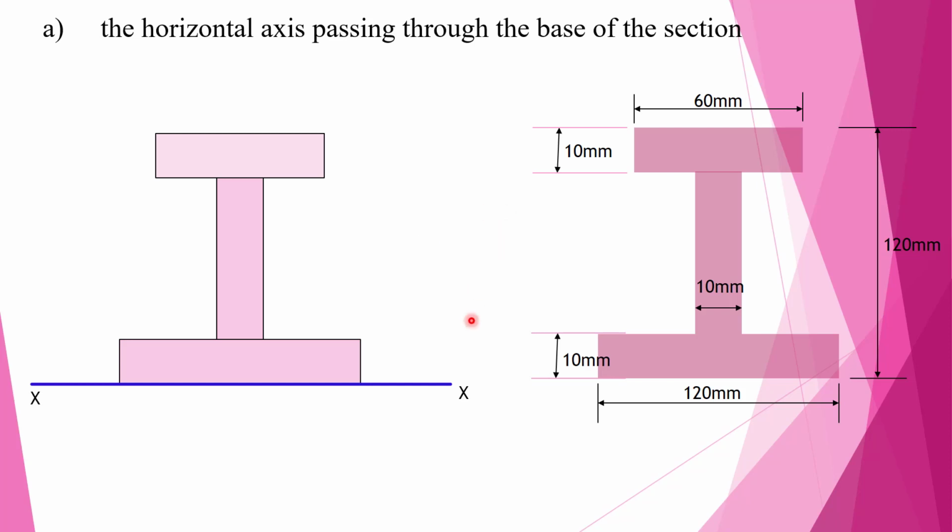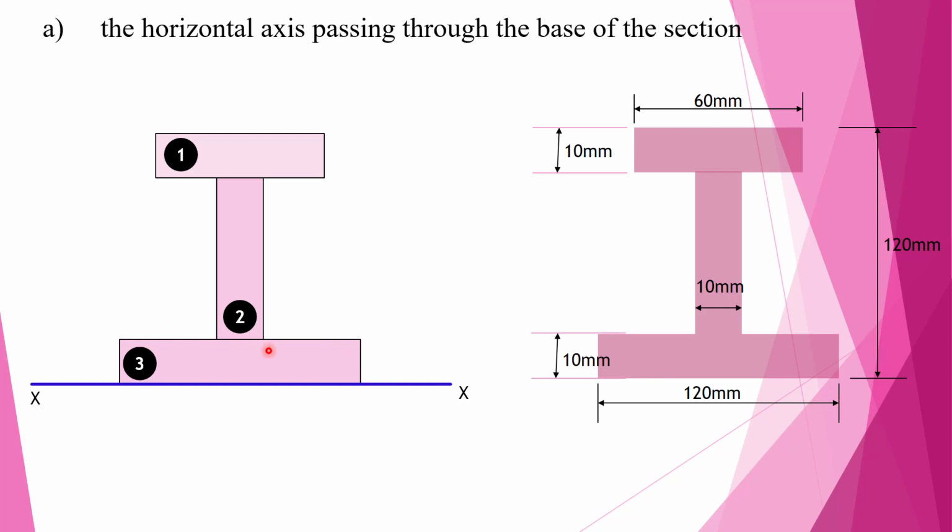Our reference axis is denoted by xx. We need to find the moment of inertia of this I section with respect to this axis. For solving that, we will divide this I section into three rectangular sections like this: rectangle 1, rectangle 2, and rectangle 3.